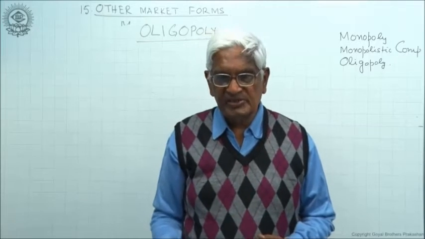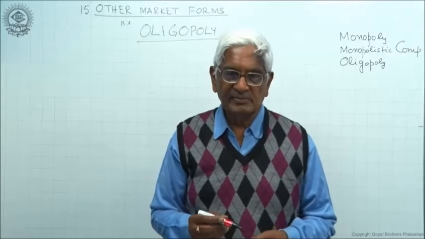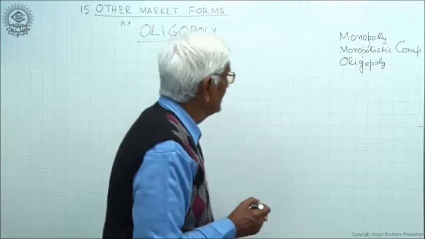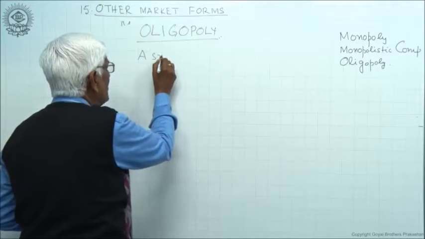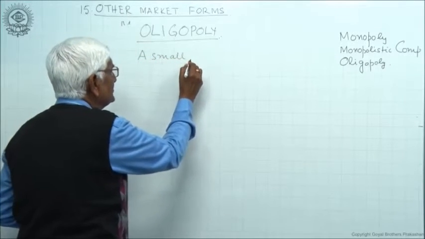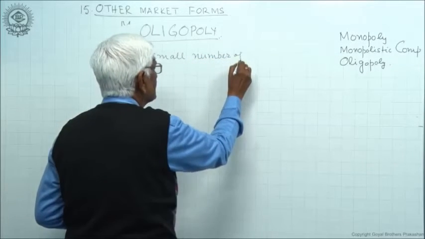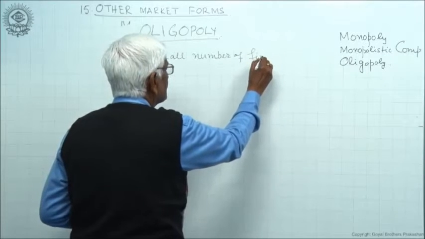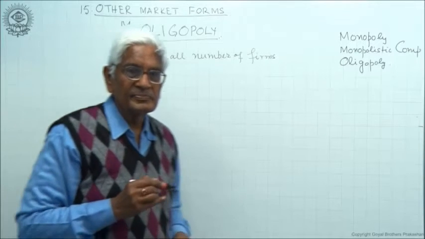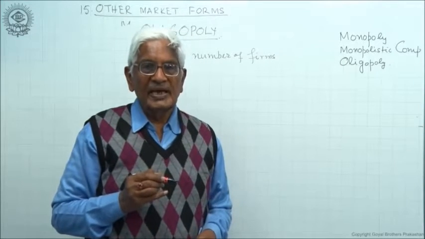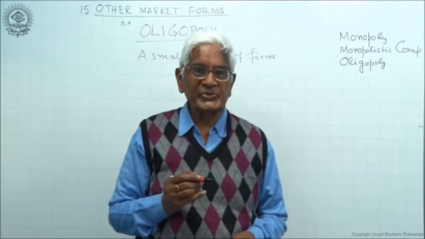Before we take the features, let us try to understand its meaning. When there are a small number of firms in the market, एक चीज को बनाने वाली गिनती की फर्में हैं, limited number of firms.